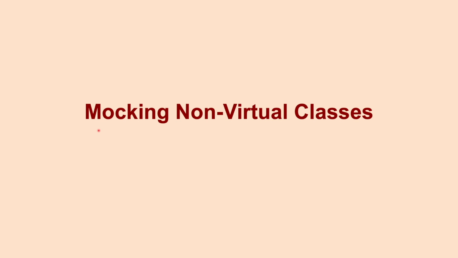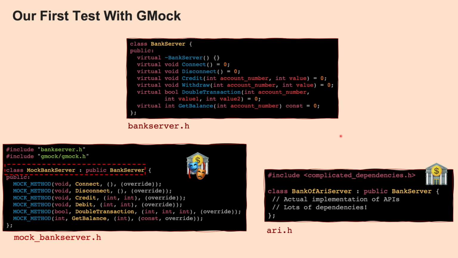Up next, mocking non-virtual classes. Remember that in our first example, we had to have an interface class, which is a virtual class, and then we had two implementations for this abstract class. One is the mock class, which we inherit from this interface, and the other is the real bank, the real class that you also inherit from this interface. This one will be used in production, and this one will be used for testing.